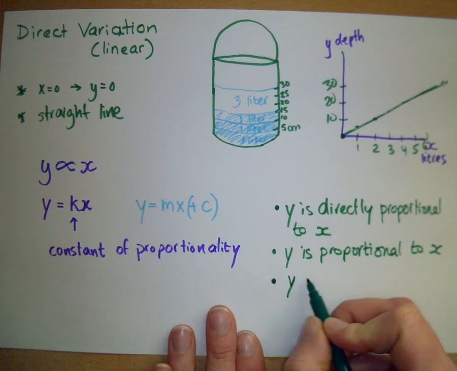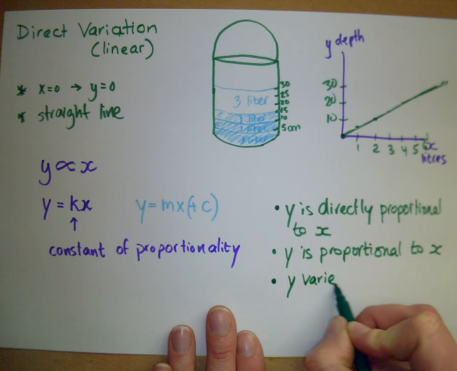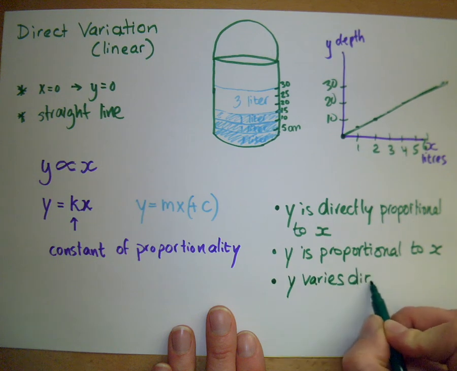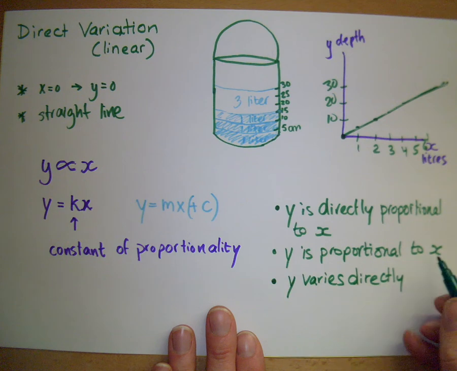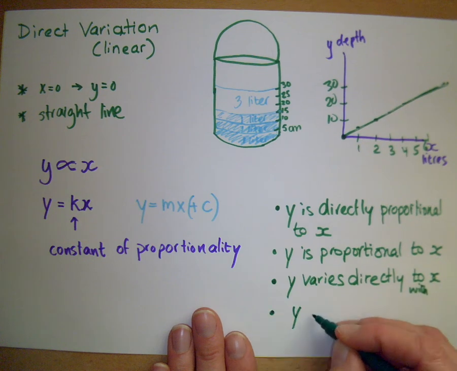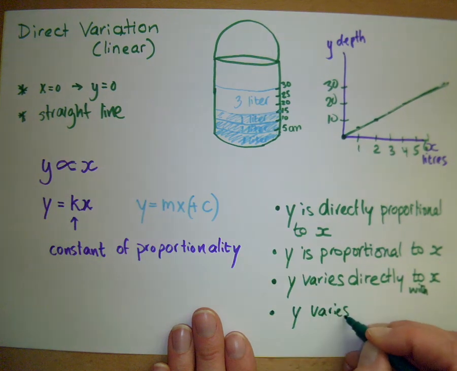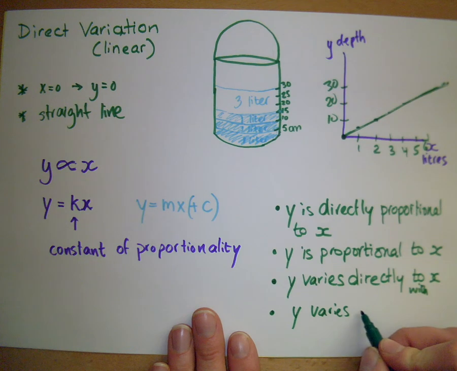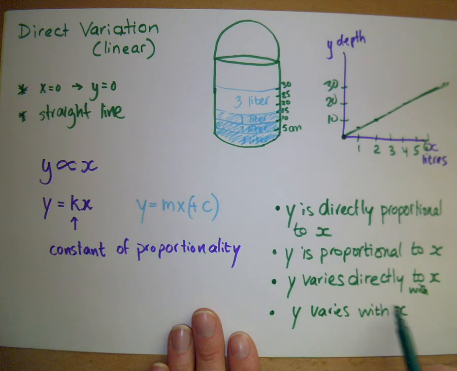We can say y varies directly to x or with x, or we can say y varies with x or to x.